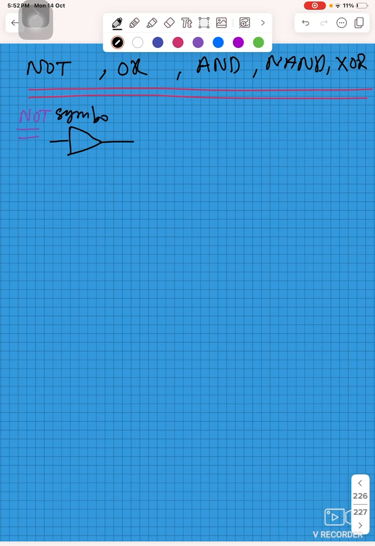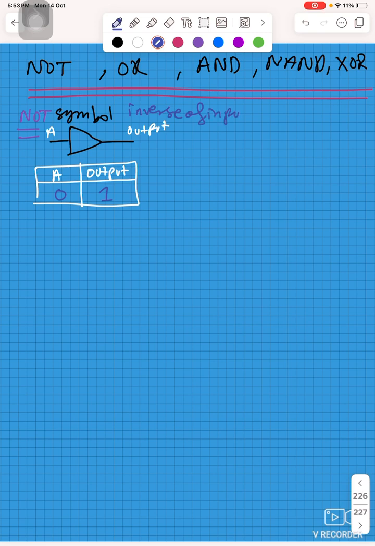The NOT gate only has one input A and one output. If the input is A, the output is not A. If the input is 0, it will take the inverse or the opposite of that number, which is 1, because in binary we have only 1 and 0. It takes the inverse of the input.